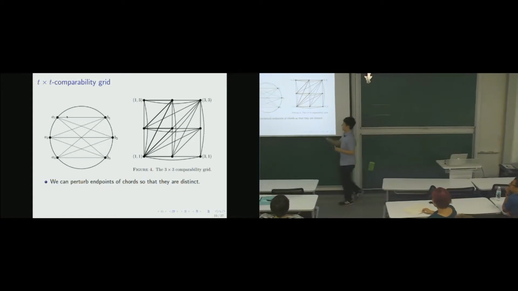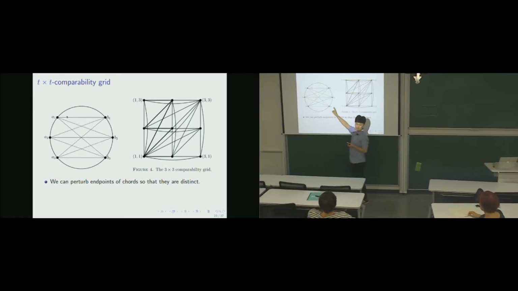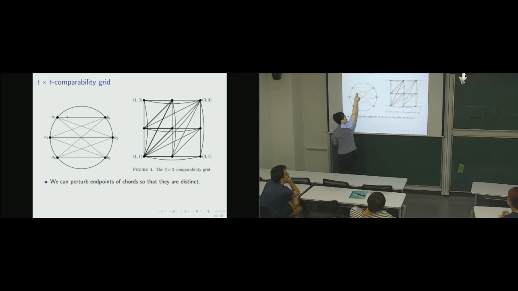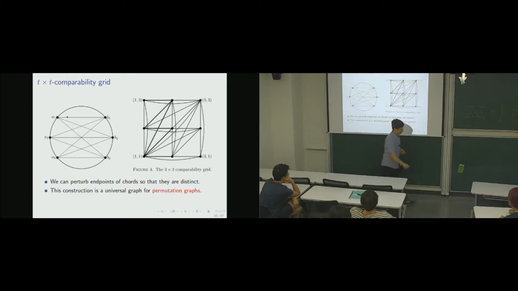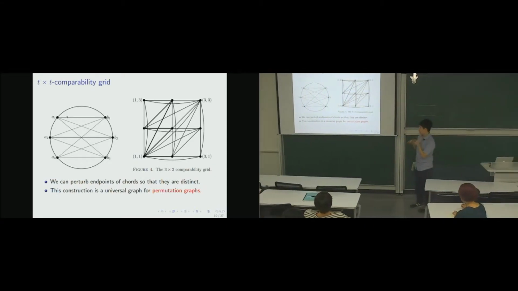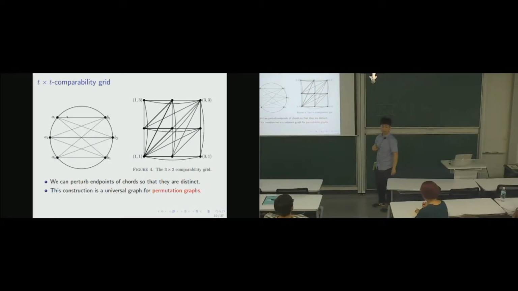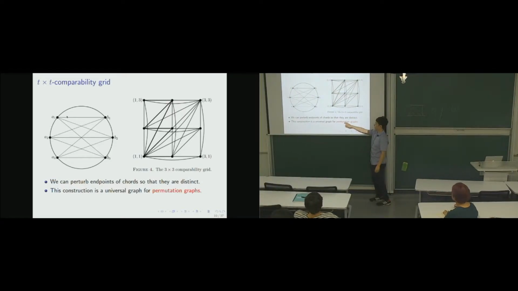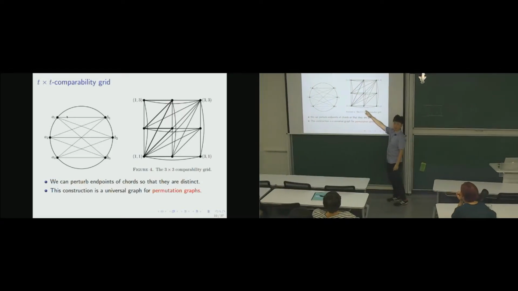This graph is not only a circle graph, it's a permutation graph, because you can cut off here and at the other point, and put A1 to An on one line and B1 to Bn on the other line. So this is a permutation graph. Furthermore, this is actually a universal graph for permutation graphs: any permutation graph is an induced subgraph of this kind of graph.